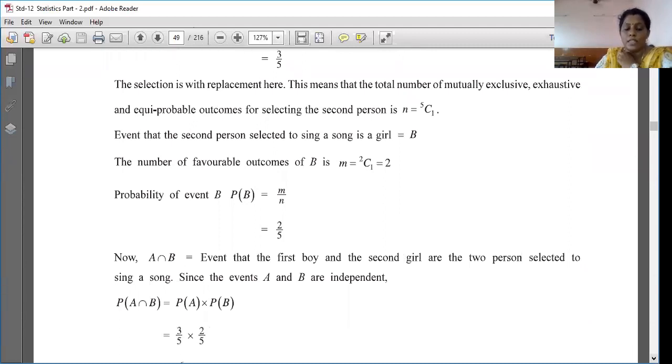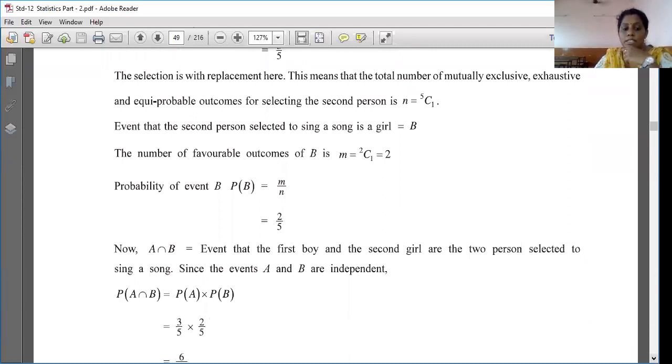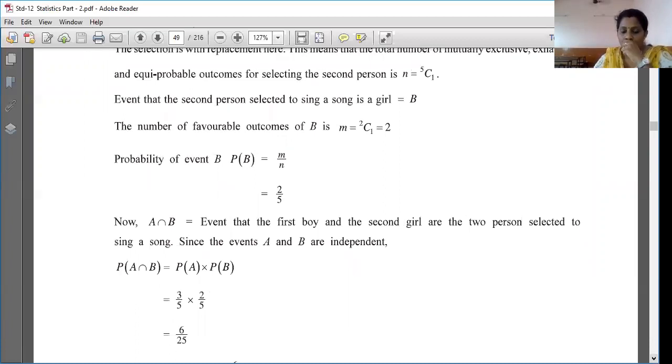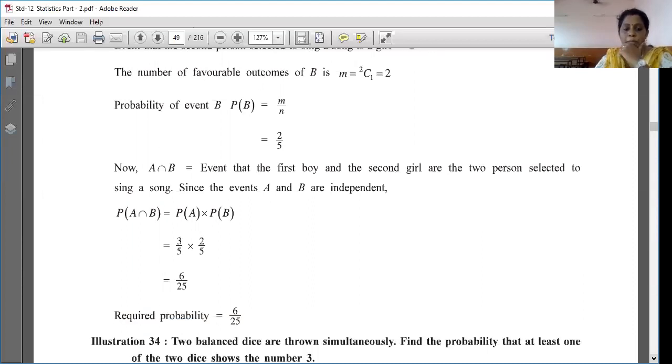So P of A intersection B is P of A into P of B, that is 3 by 5 into 2 by 5, that is, sorry, 6 by 25. So the required probability is 6 by 25. This is the condition you have to find.